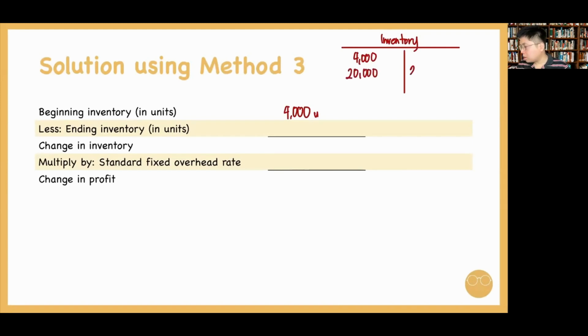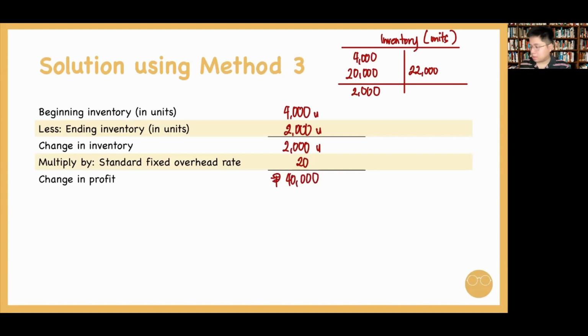Then we sold 22,000 units. Therefore, the ending inventory here is 2,000 units. Since the ending inventory is lower than the beginning inventory, the level of sales is higher than the level of production. Let's put it here, 2,000 units, and multiply it by the standard fixed overhead rate of 20 pesos. We get a change in profit of 40,000 pesos as well.